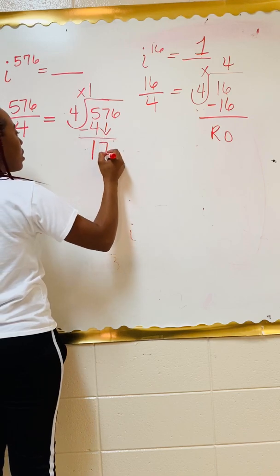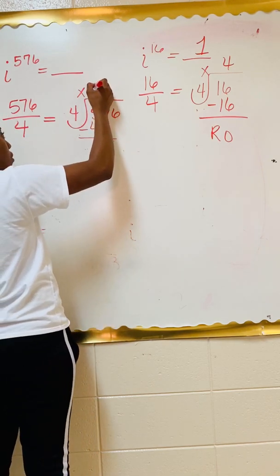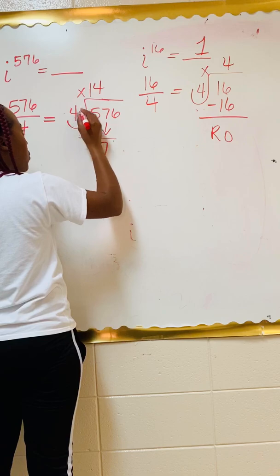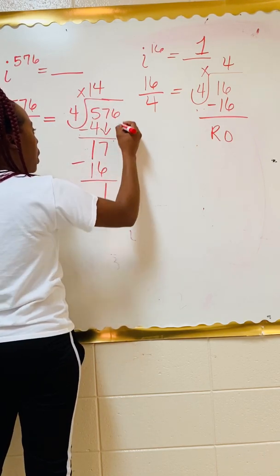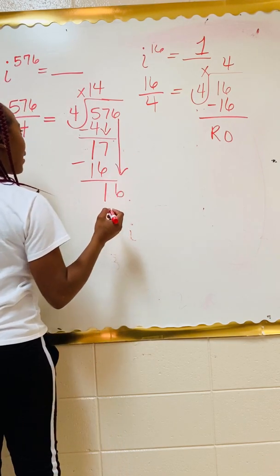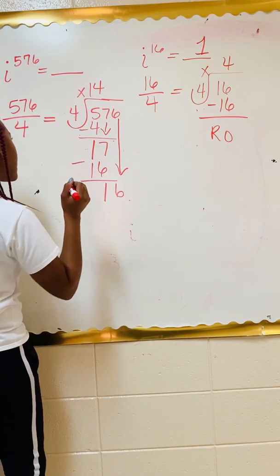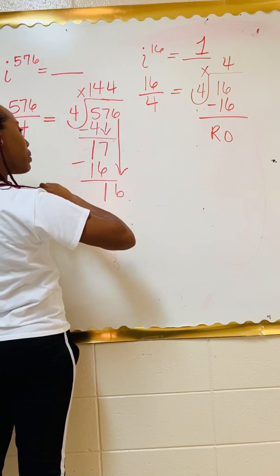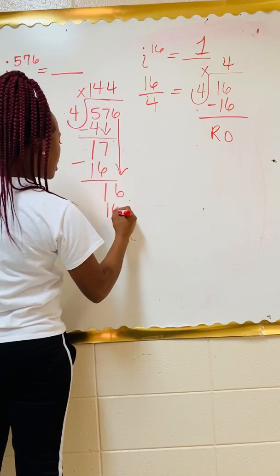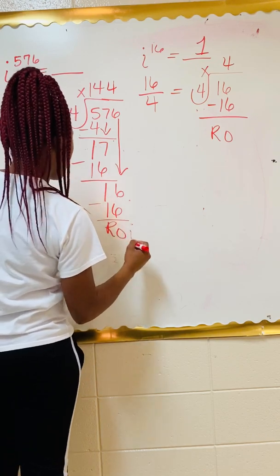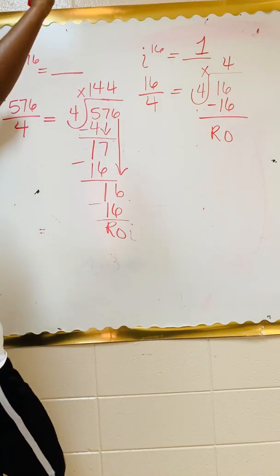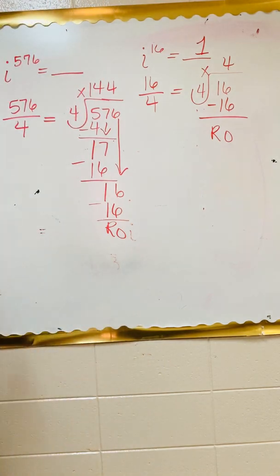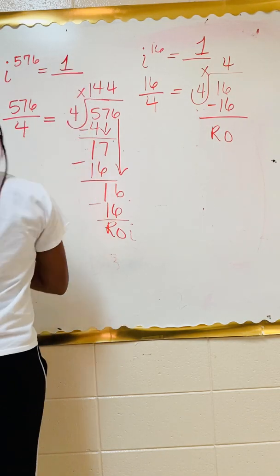Bring down your 7. 4 goes into 17 4 times, which gives you 16. Subtract, and you get 1. Bring down the 6. 4 goes into 16 4 times. 4 times 4 is 16. Subtract, and your remainder is 0. Since your remainder is 0, your answer is going to be 1.